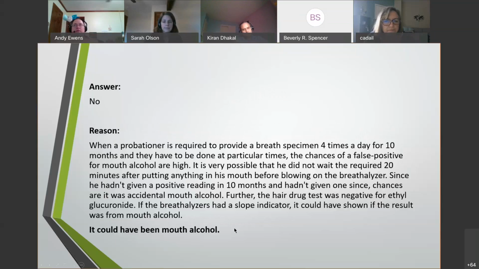So they didn't prove that it was alcohol, because if you're taking 4 breathalyzer samples a day, and only 1 out of those 4 is going to test positive, chances are they did not consume the alcohol, because it would have stayed in their body long enough for a second test to test positive.